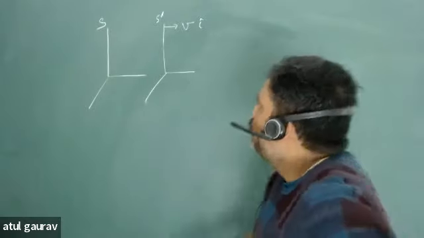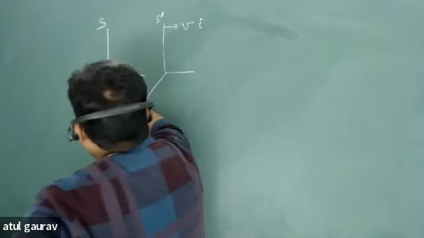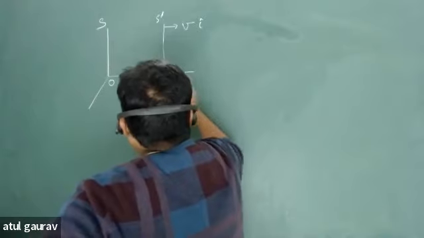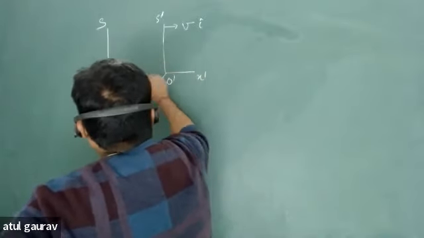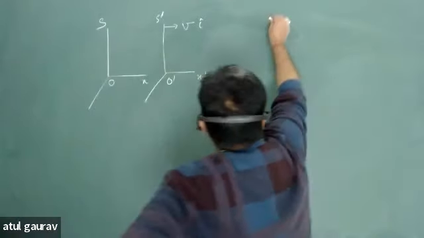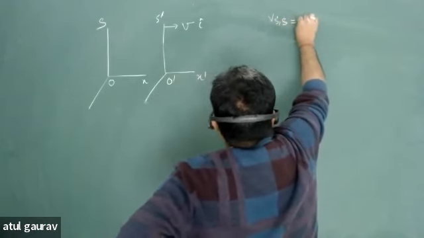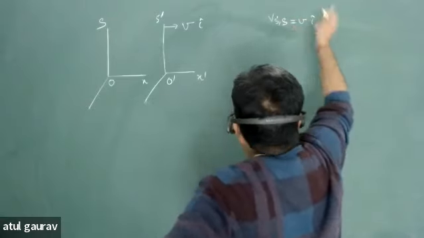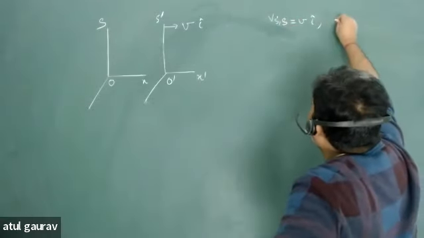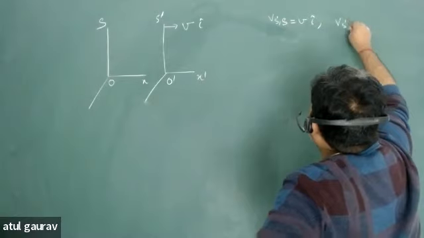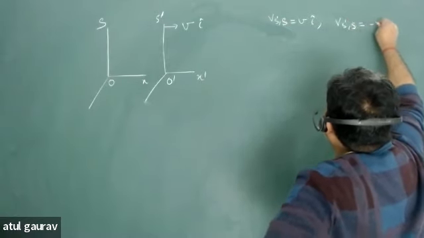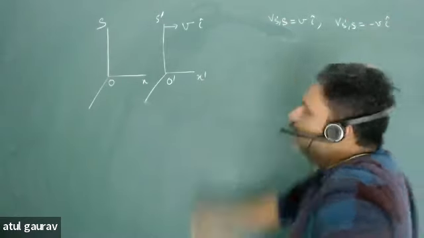Now, this is my origin O, this is my origin O dash, this is my X dash, and this is my X. Velocity of S dash with respect to S is V in i cap direction. That means I also have this information: velocity of S with respect to S dash is minus V in i cap direction.